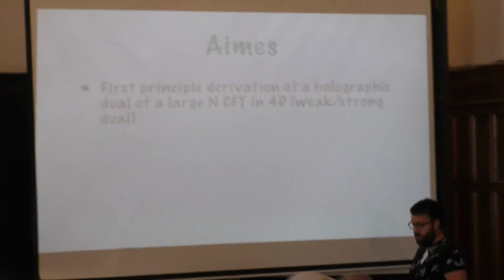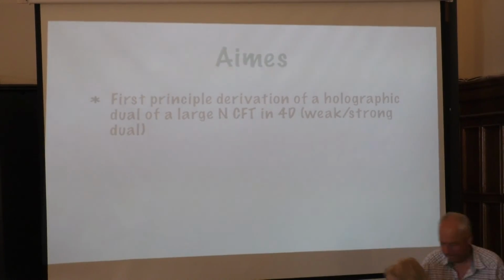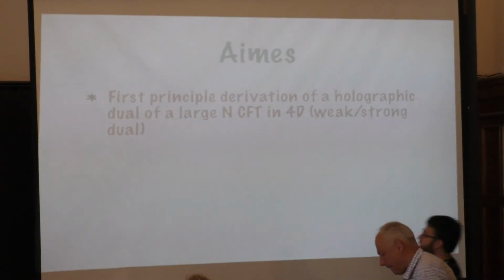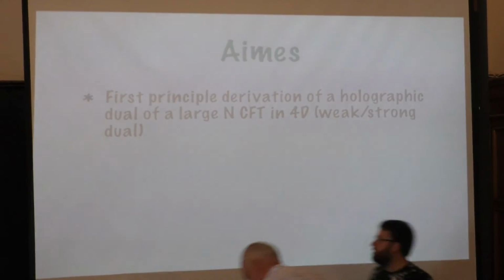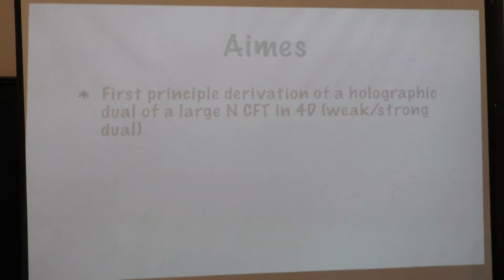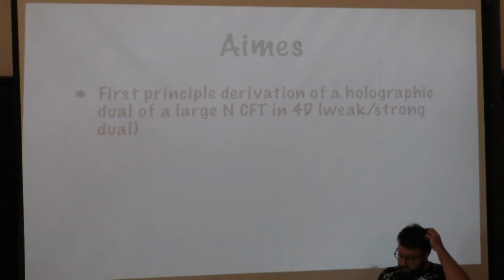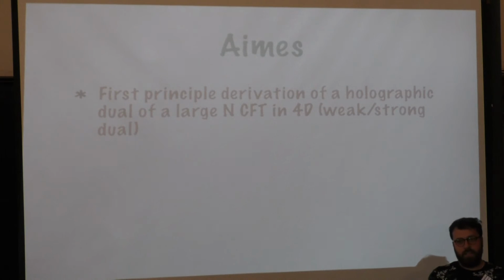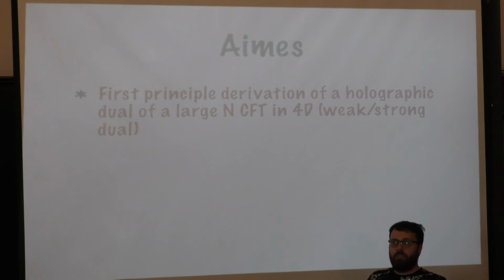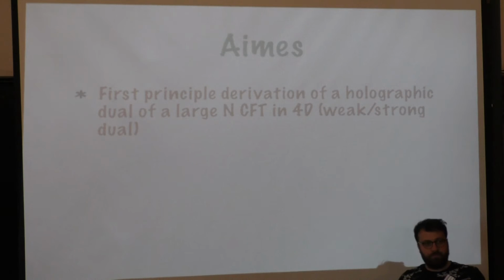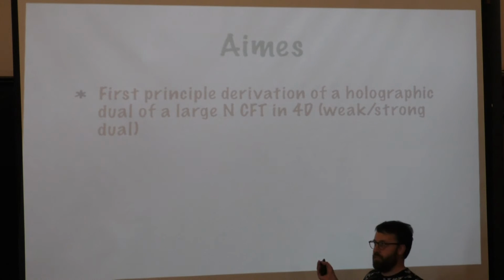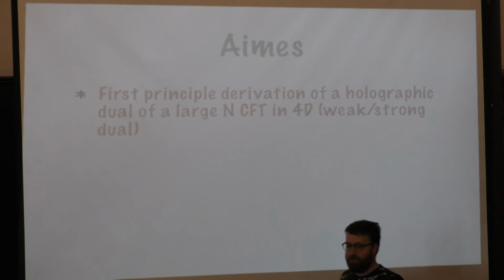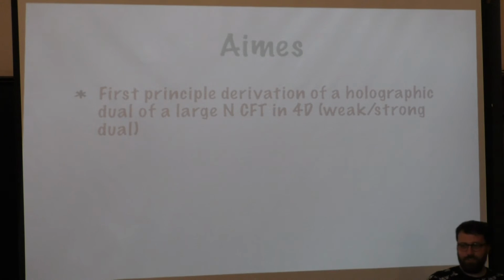So the aim of this talk is to give some precise example of where a holographic dual at large number of degrees of freedom can be derived. As an introduction, there is a general belief that if you have some conformal field theory with many degrees of freedom, if you take the number of degrees of freedom to be large and possibly also take some parameters to infinity, then you should hope for something nice to happen, and this is what is called holography in general terms.